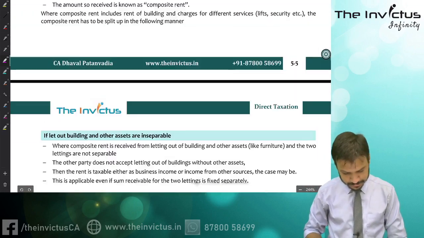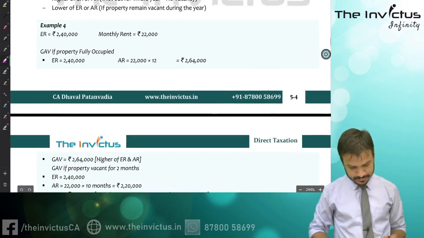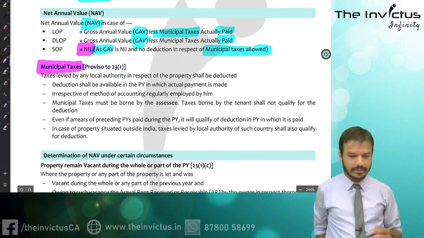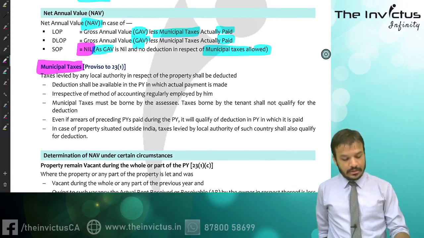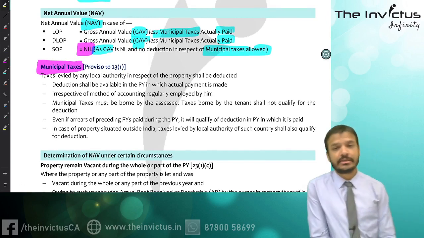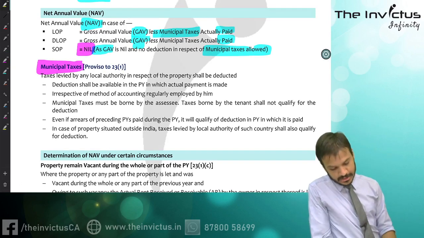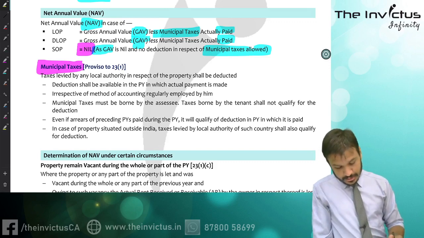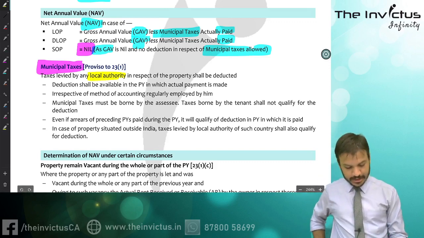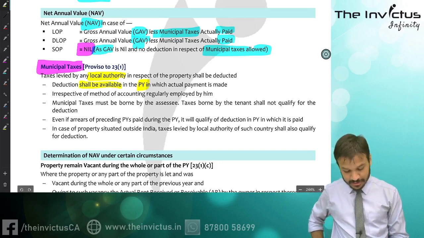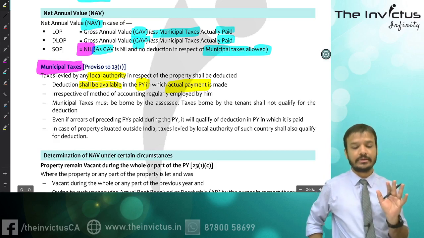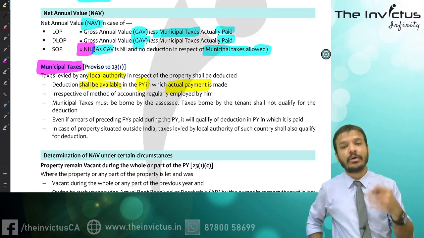So now let's go ahead. Now municipal taxes. The word used there, if municipal taxes is actually paid, it will be allowed as deduction. See, tax levied by any local authority, then deduction shall be available in previous year in which actual payment is made, irrespective of your accounting treatment.